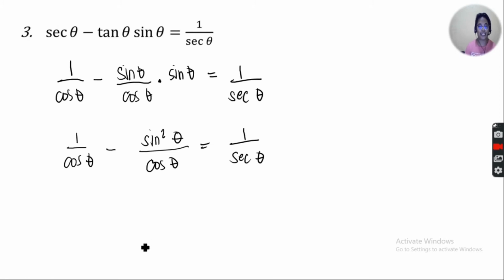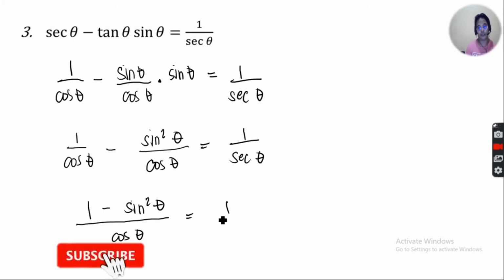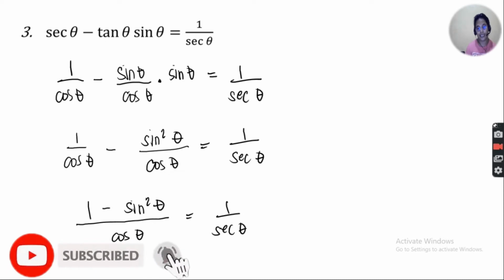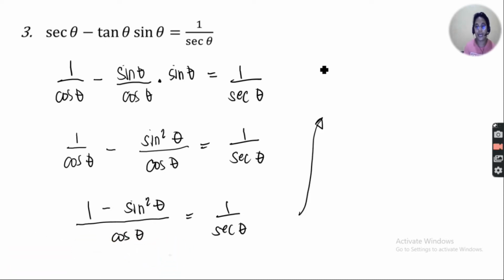Then, since we have the same denominator, we can combine our numerators. So, 1 minus sine squared theta over cosine theta is equal to 1 over secant theta po. Then, we have the Pythagorean identity, sine squared theta plus cosine squared theta is equal to 1.